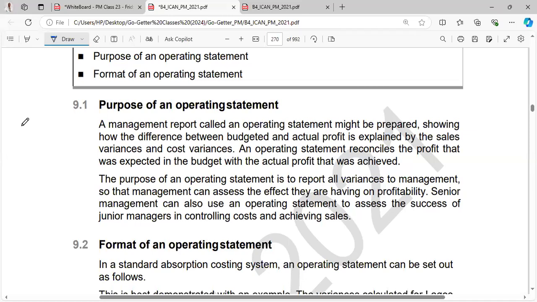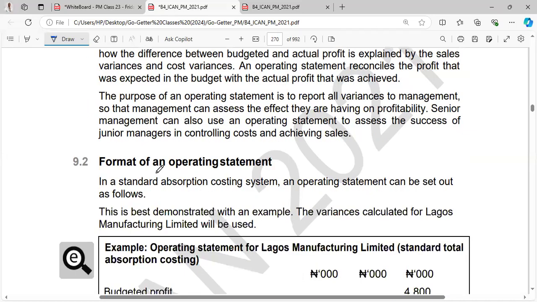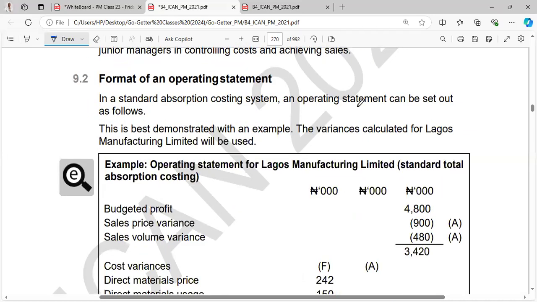It shows how these profits have been reconciled using all the variances. So the purpose of an operating statement is to report all variances to management and show how they have an effect on the profits.